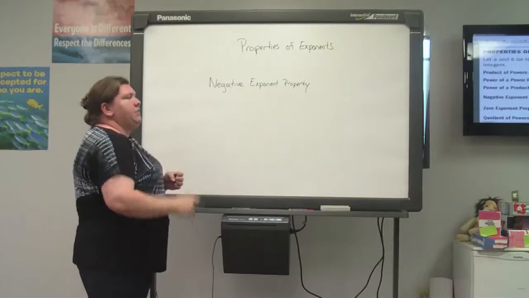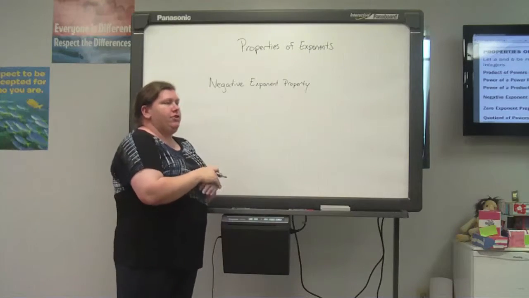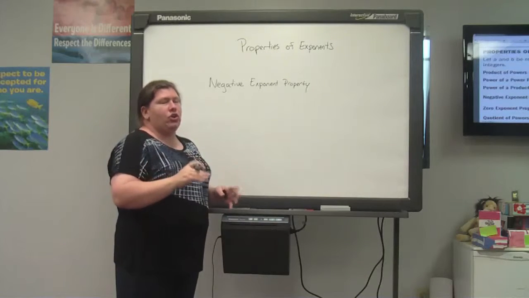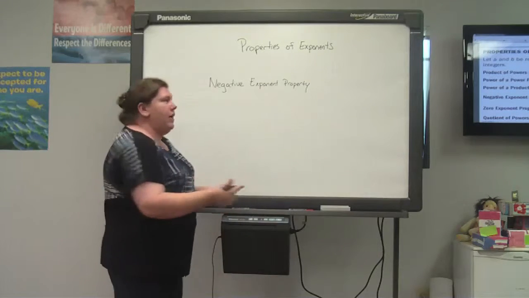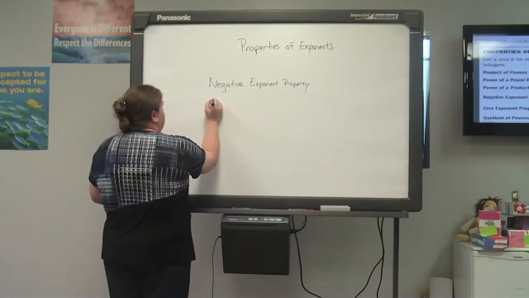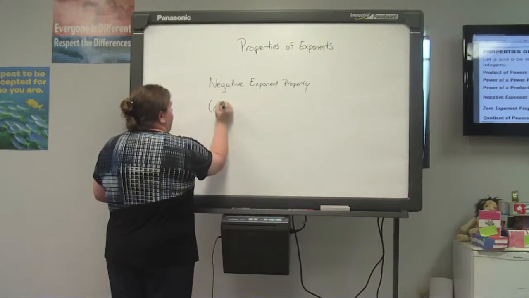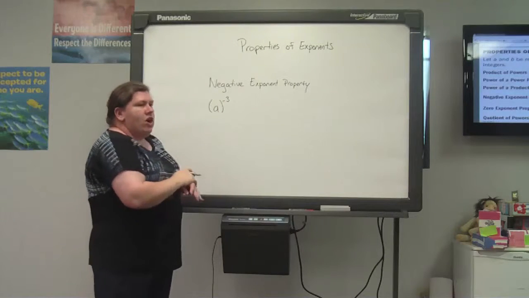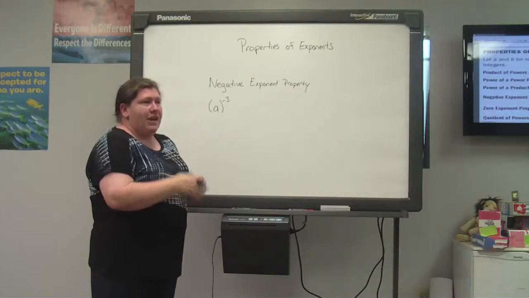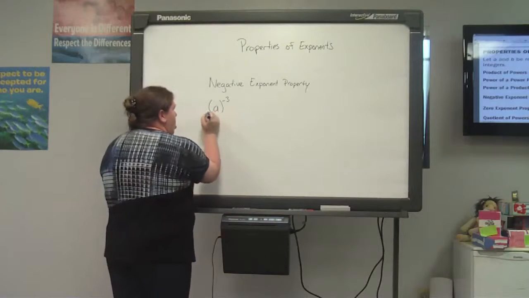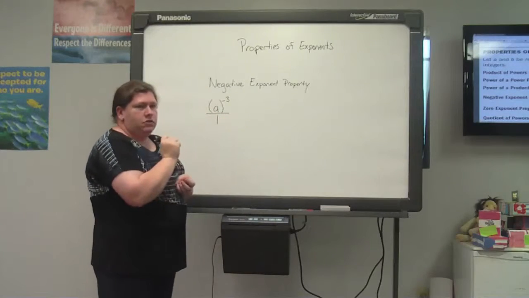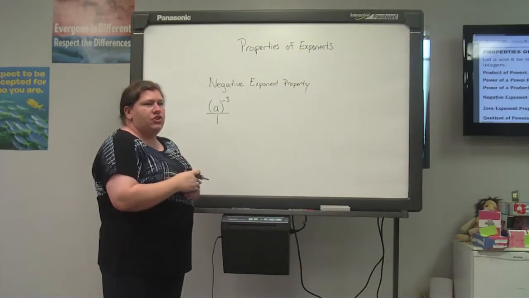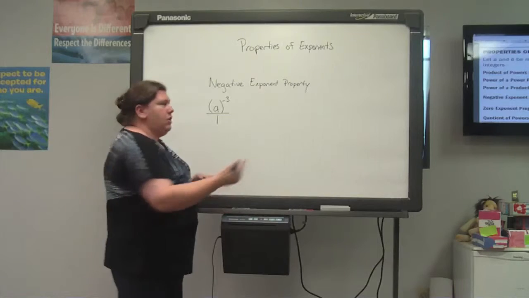In a negative exponent property, anytime you see a negative, no matter what, just know that you're going to have to move it. If we start with a to the negative 3, the very first thing I do, me personally, is I put it over 1. Any whole number can be put over 1 to make it still be a correct statement.